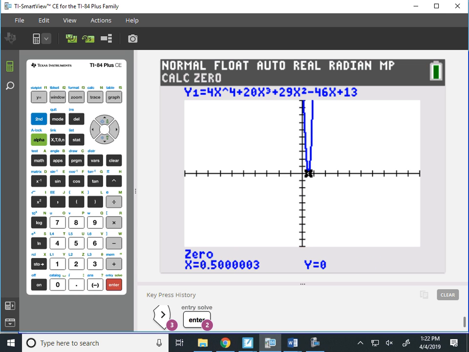So it actually comes down and touches. It's a little like a parabola there. And where does it appear that that root is? 1/2. Yeah, 0.5. It just rounds the 0.003, which is rounding. So that touches the axis at 1/2.